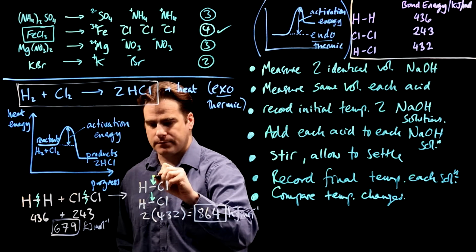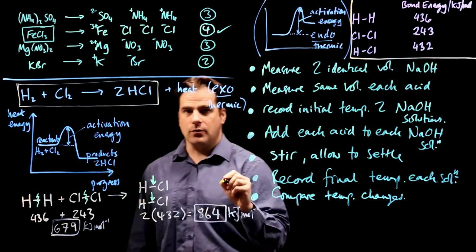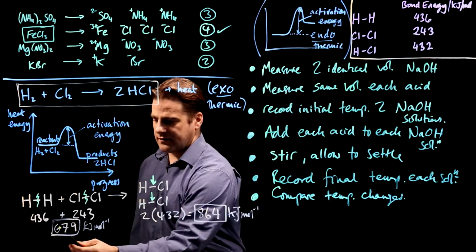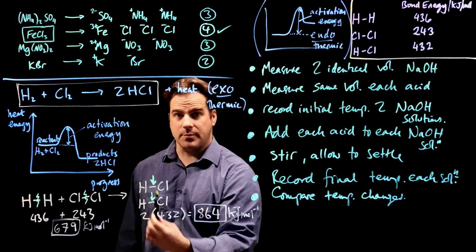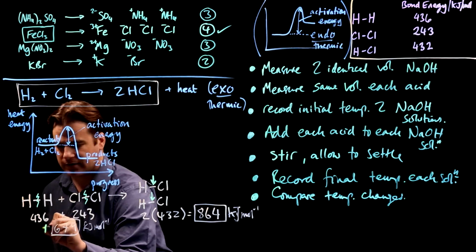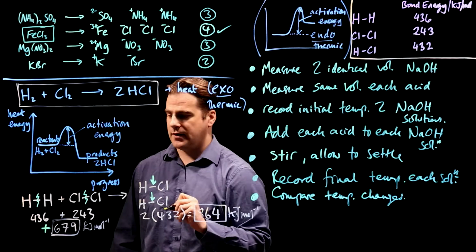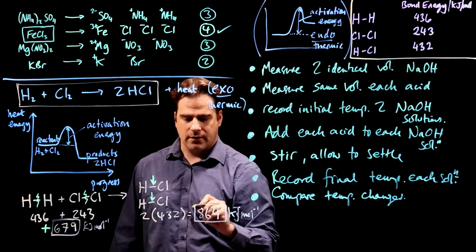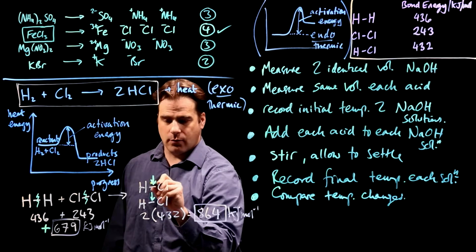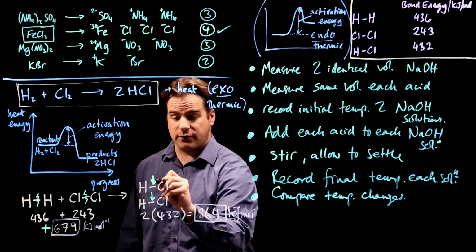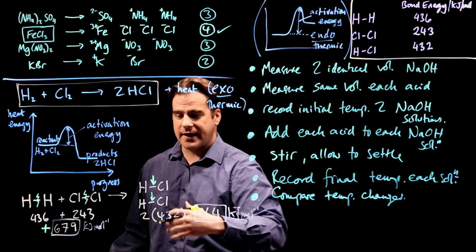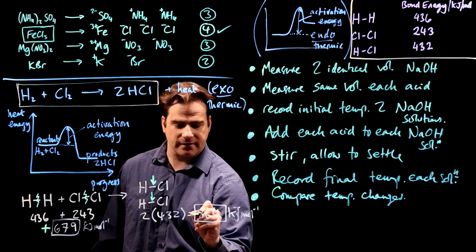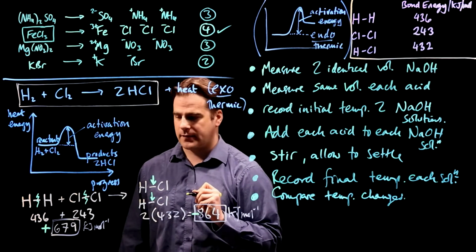Okay? So what we're doing, we're putting in 679 kilojoules of energy per mole. So that's a plus, right? That's on this side, the left, that's what we put in. When these bonds form, okay, that energy is released. That's released out. So that's a minus, okay?